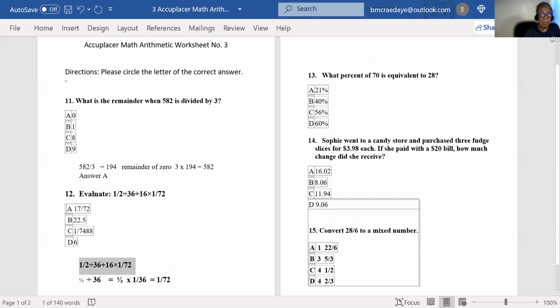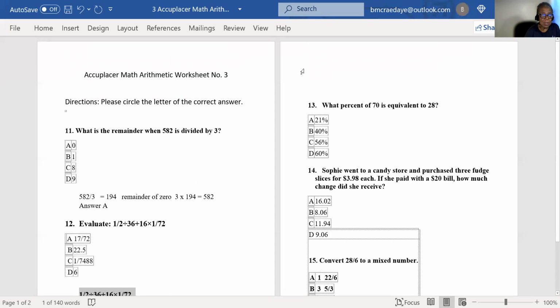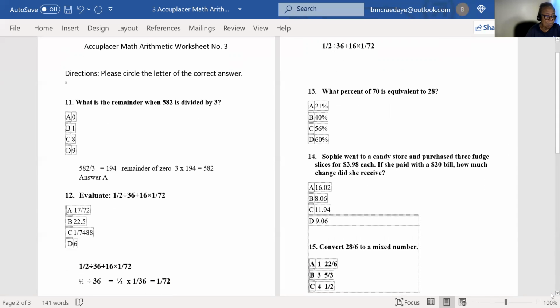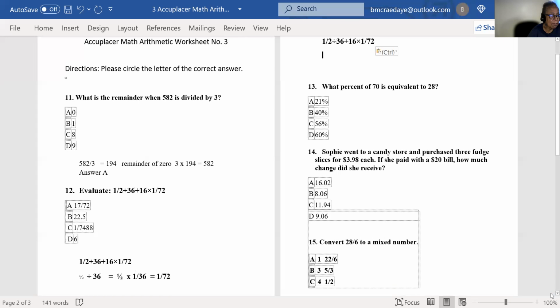And I'm going to the next page. And we got what? When we multiply that out, let's put our answer. We kept the 1/2, changed the operation to multiplication, and flipped the 36/1 to 1/36. So that became 1/72.